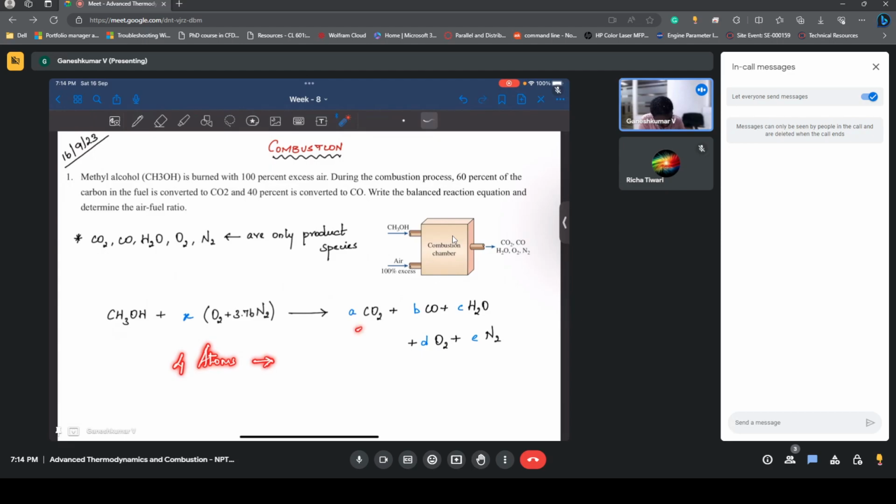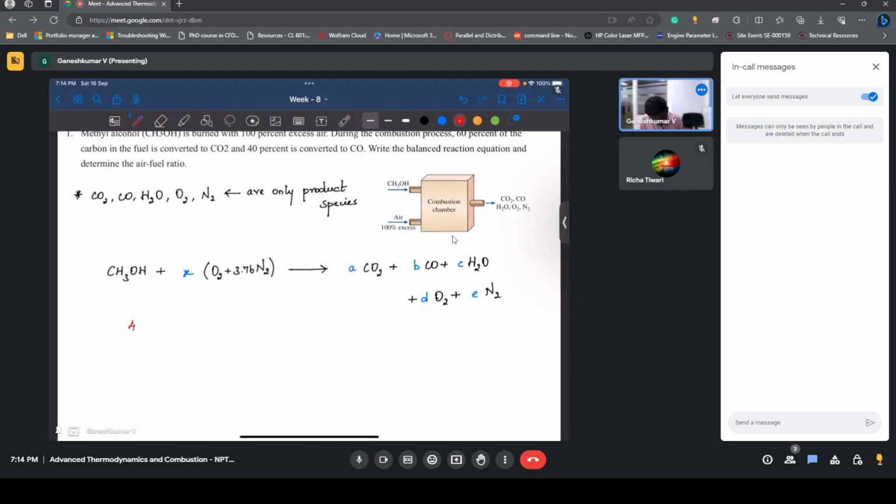The products we have: one, two, three, four, and five products, right? If we have four atoms, you can write four atom balance equations, for C, H, O, and N, right? But how many unknowns do we have?